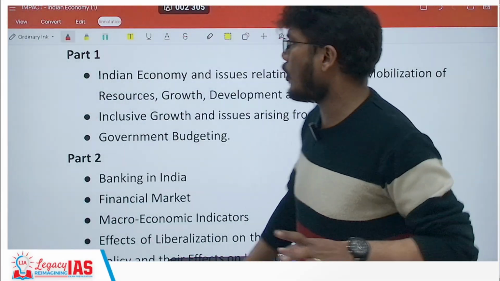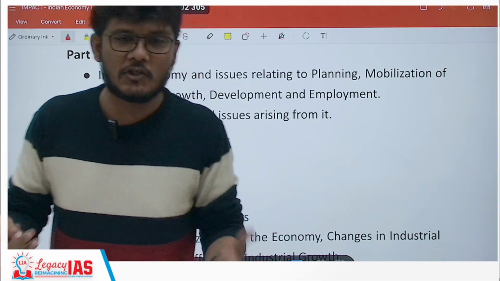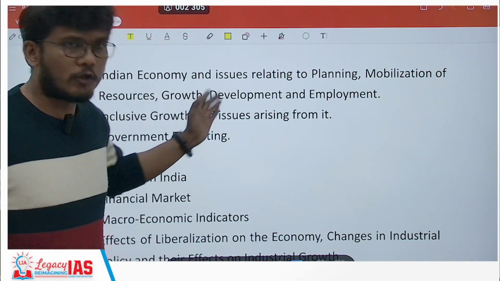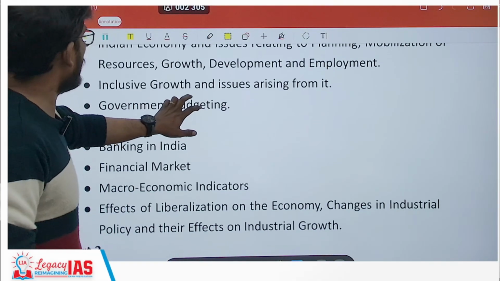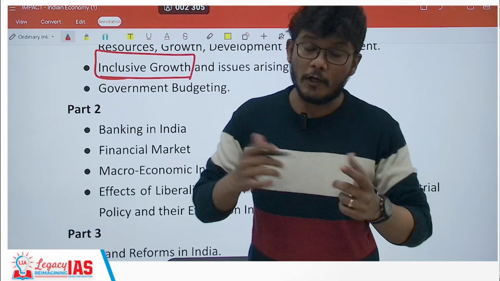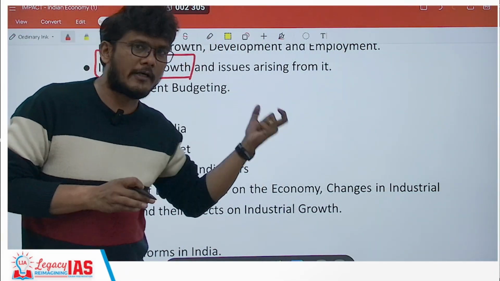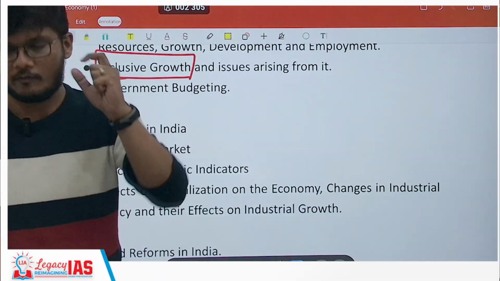The very first part talks about the Indian economy and the issues related to planning, resource mobilization, growth, development, and so on. Then you have inclusive growth, a very important phrase for UPSC. Of course, you should focus on each and every keyword mentioned in your syllabus and work on that.